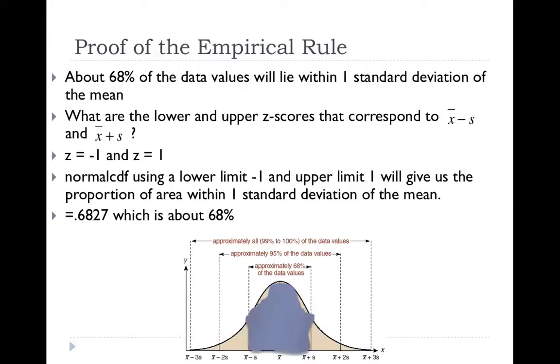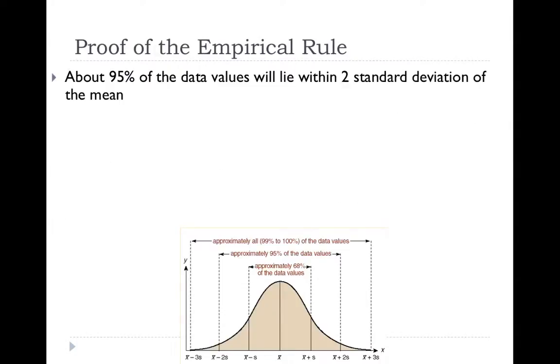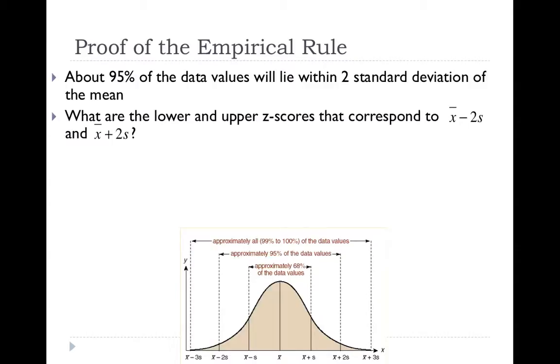Okay, let's take a look at the area within 2 standard deviations. The empirical rule stated that 95% of the data values lie within 2 standard deviations of the mean. What are the lower and upper z-scores that correspond to x bar minus 2s, which is the mean minus 2 standard deviations, and the mean plus 2 standard deviations? What are the upper and lower z-scores?